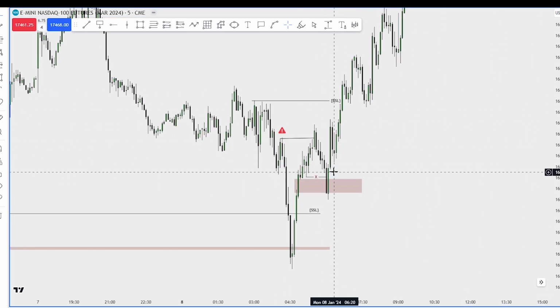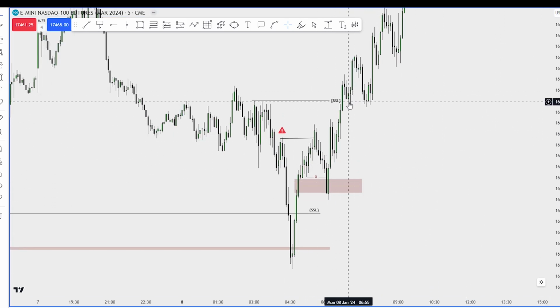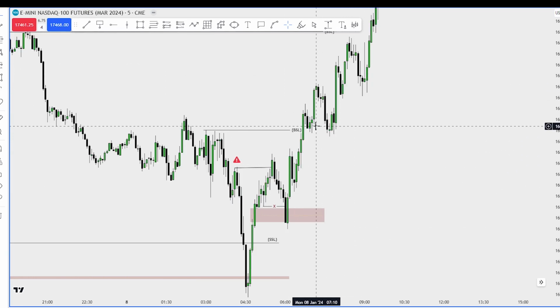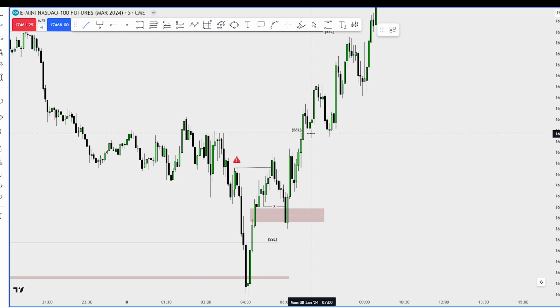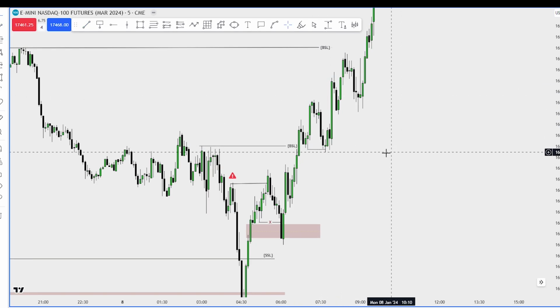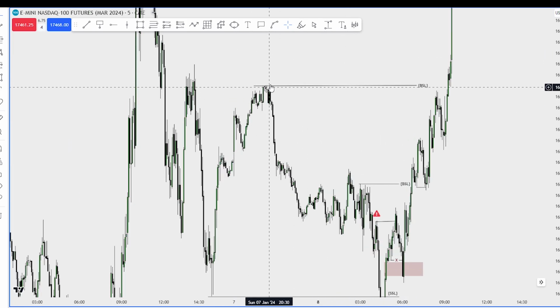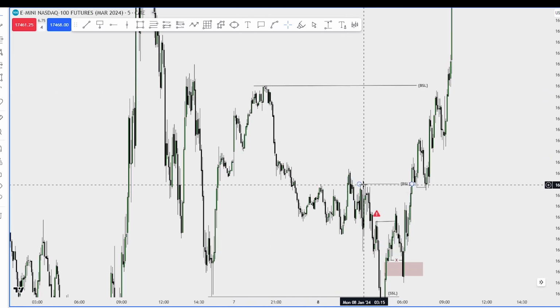We've seen one here. So now we can really trust that any low that gets purged, we can anticipate it to reverse. Like this low here. Also, maybe not here, but only because our draw was up here and here.